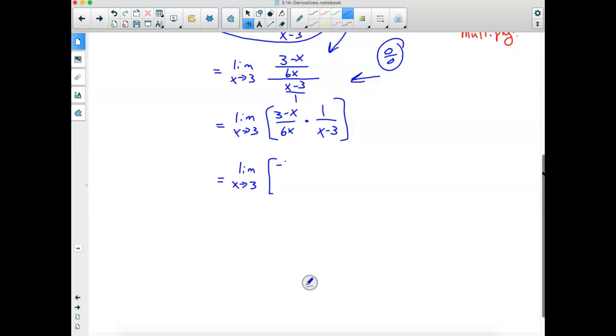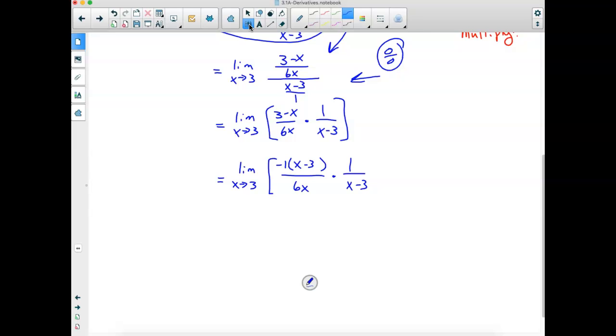I'm going to pull a -1 out of the numerator. That's going to give me -3 plus x. Rearrange these. Now that you're seeing that, that is the same as x minus 3, isn't it? After I pull that out, that's over 6x times 1 over x minus 3.